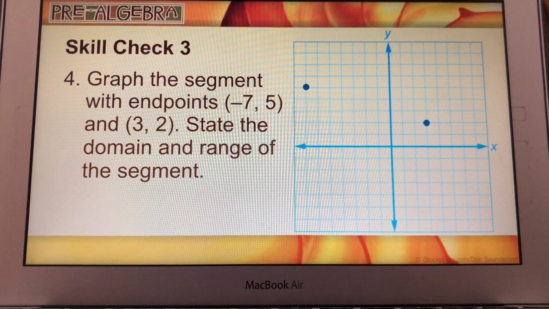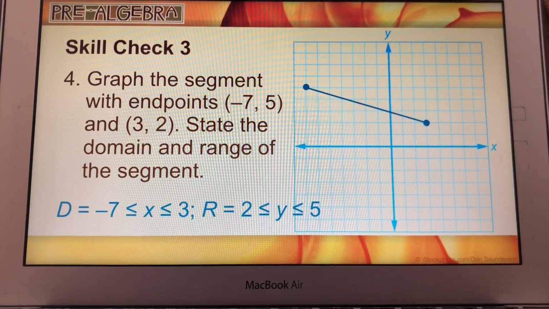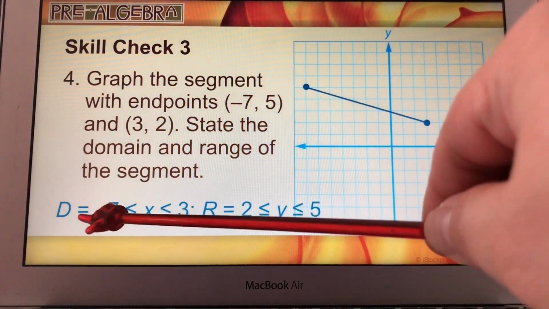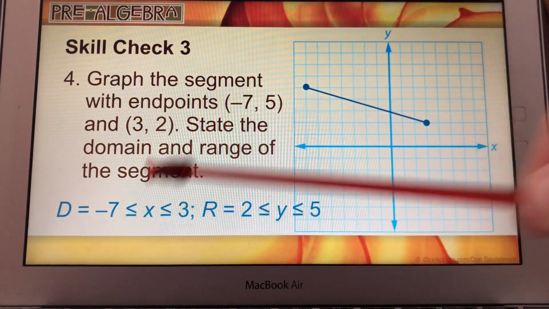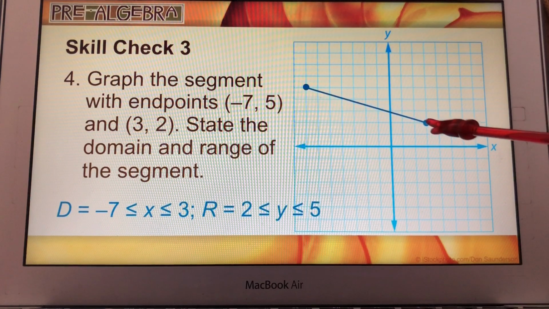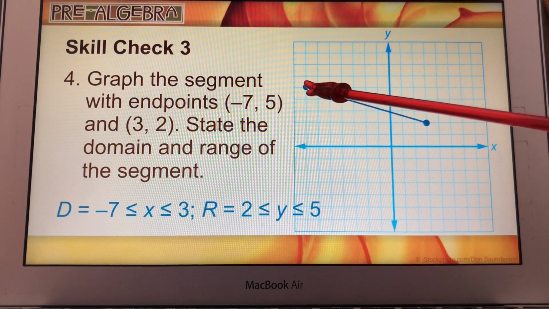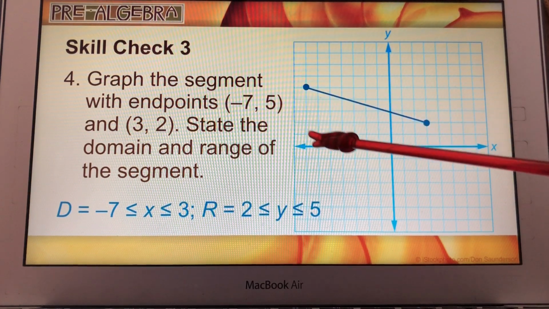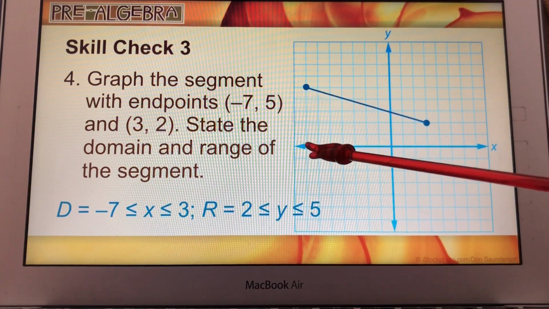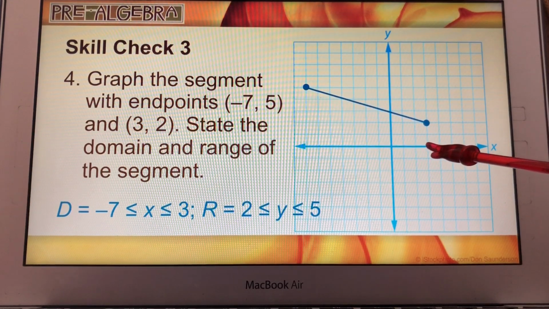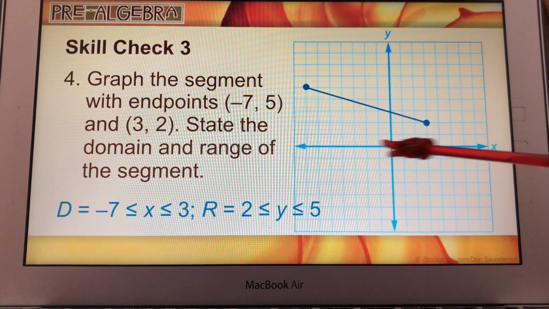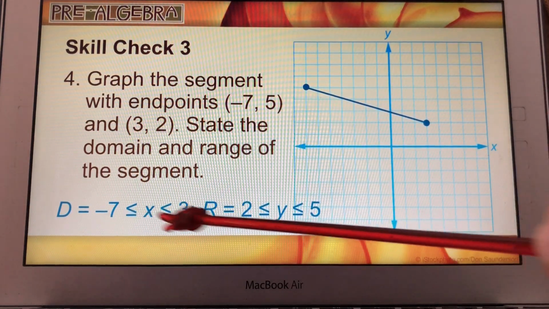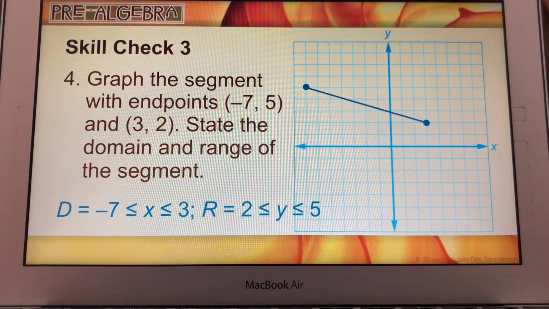So if we write these as, there's your line segment, okay, your x values are between -7 and 3. Okay, that's what this means right here. -7 is less than or equal to x, which is less than or equal to 3.